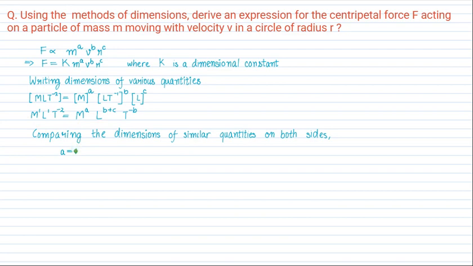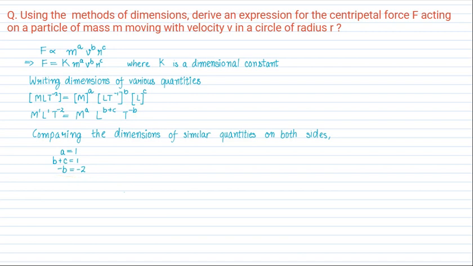Similarly, length dimension is b plus c on one side and 1 on the other, so b plus c should be 1. Now for the time, the power minus b should be equal to the power minus 2, so minus b equals minus 2.